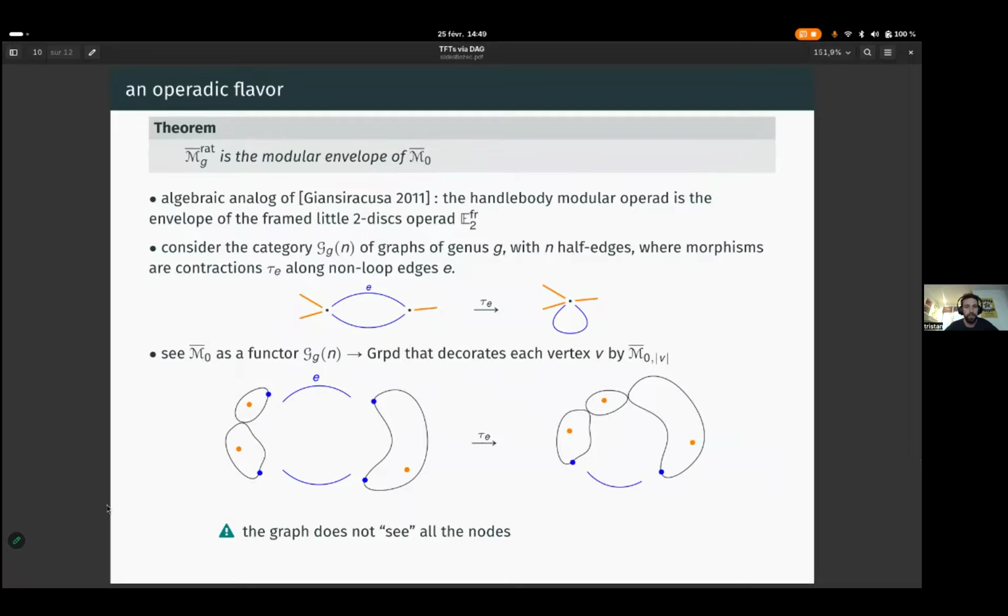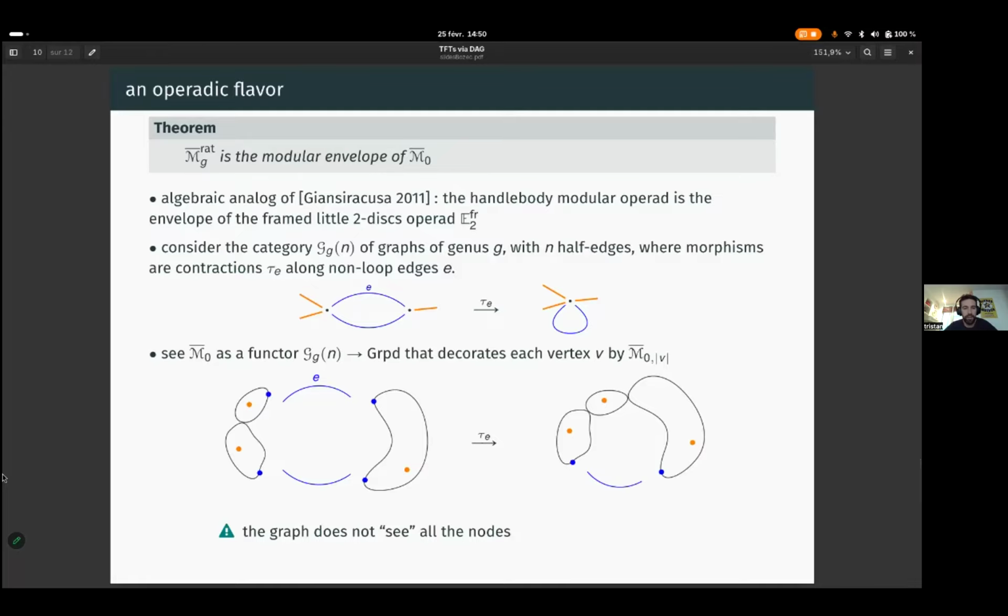Again, you don't need to know what modular envelope means here. I'm going to illustrate this through a proof/example in the following slides. I should mention that we are very much inspired by John Siracusa. It should be seen as an analog of the handlebody modular operad, the envelope of the framed little 2D disks operad, for those who know this.